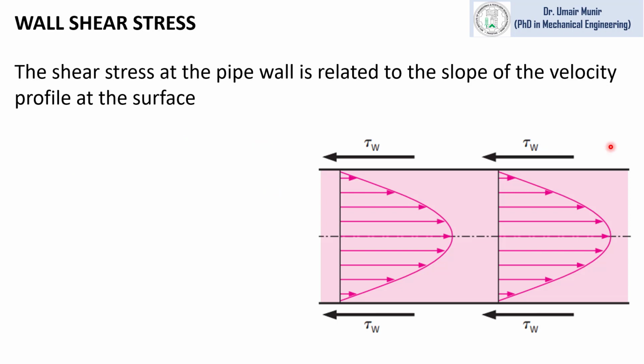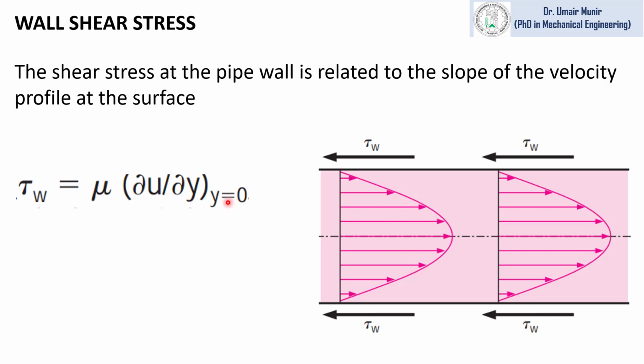Wall shear stress is denoted by tau W, and it is the opposing force or friction force that is offered to the fluid flow by the wall. Wall shear stress at the pipe wall is related to the slope of the velocity profile at the surface. Mathematically, tau W is equal to mu partial u over partial y at y equal to 0.